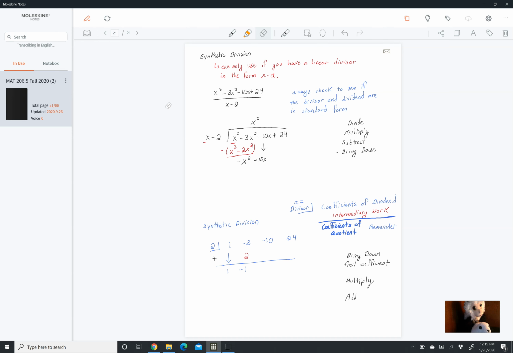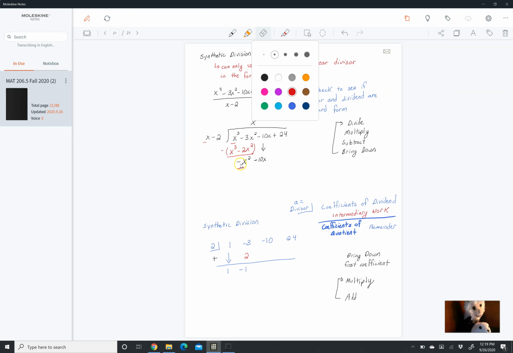Now here, once we bring down, we go back to the dividing. Here, once we add, we never have to actually divide, we just multiply, okay? Because what happens here is we say, how many times does x go into -x squared? Right? We're looking at the first coefficient, at the first term.